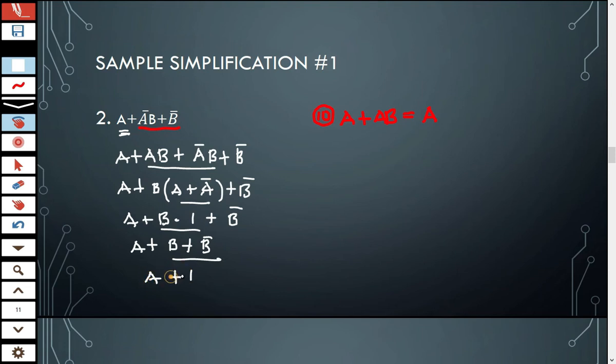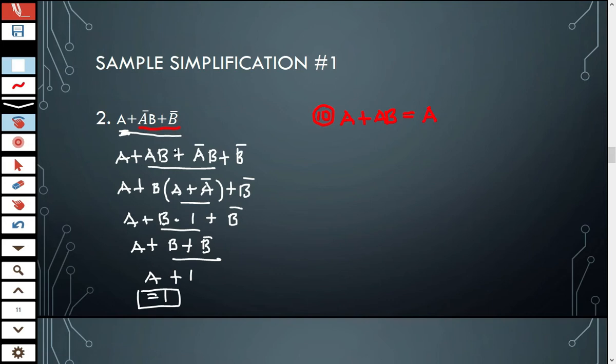And then A plus 1 is just 1. So this is our answer. So we can say that whatever the value for A and B, either 0 or 1, the result will always become 1 as far as this is the given expression.